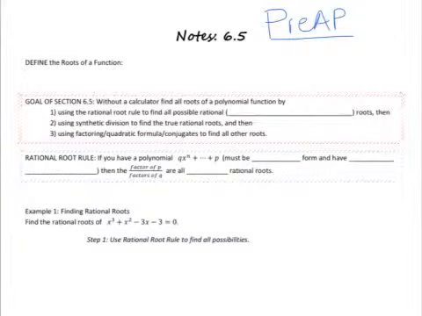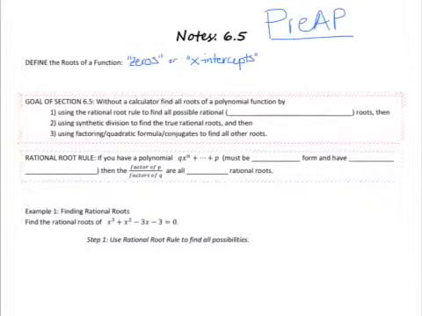So first of all, I would like you to pause the video and write down your own definition of roots of a function. Okay, what do you remember about those? What are they? Other words for the roots of a function are the zeros or the x-intercepts of a graph.